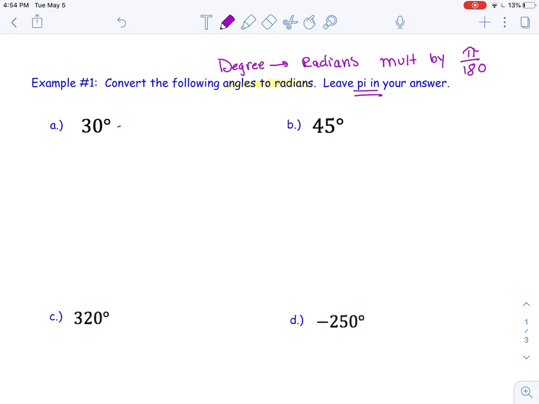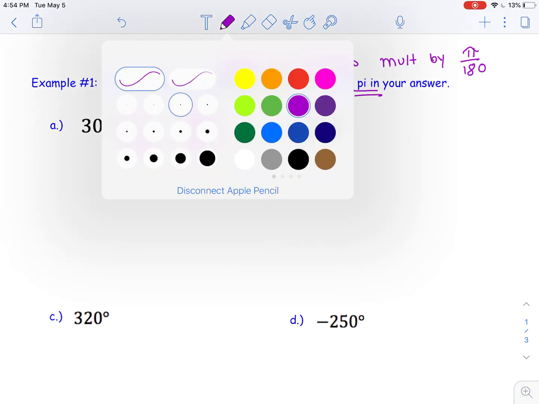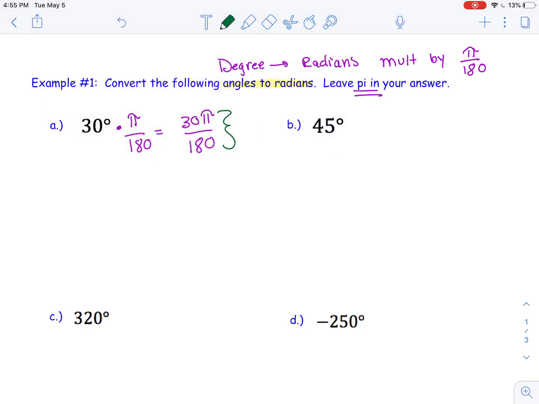I'm going to take 30 degrees. I'm going to multiply it times pi over 180. That gives me 30 pi over 180. You need to simplify or reduce this fraction. You always reduce it down. I like to cancel the zeros off, so then I have 3 pi over 18, which reduces down to pi over 6. So 30 degrees is the same thing as pi over 6 radians.